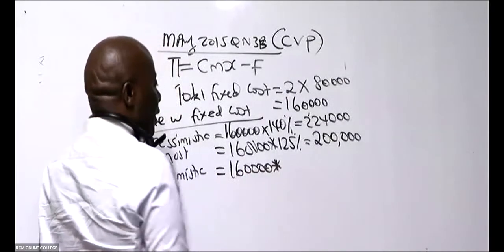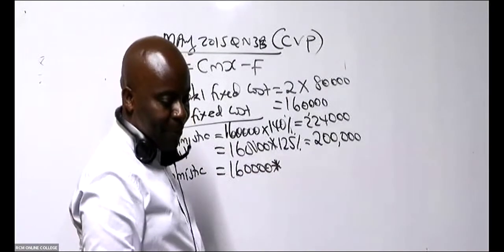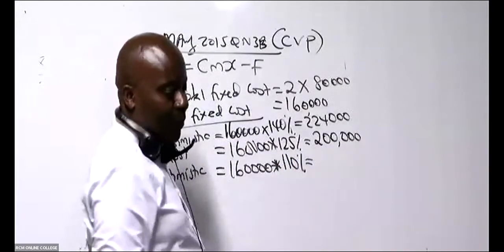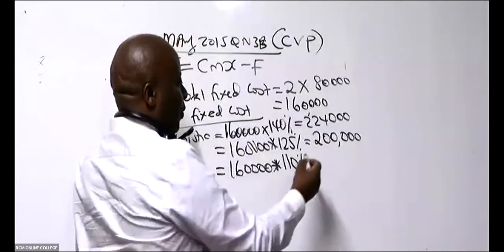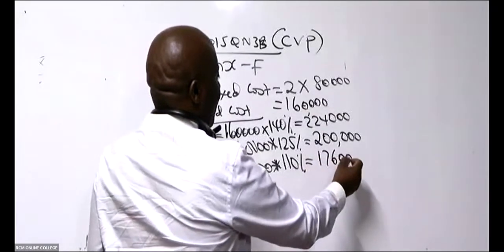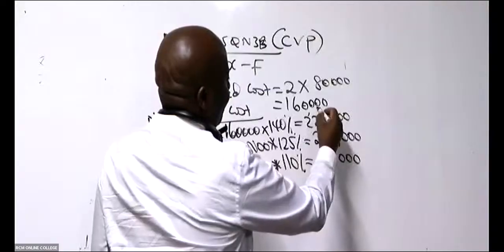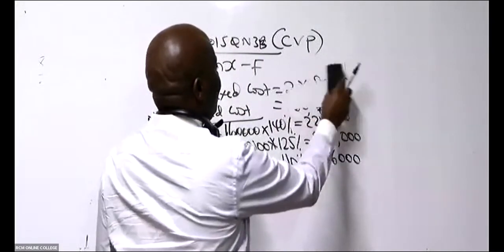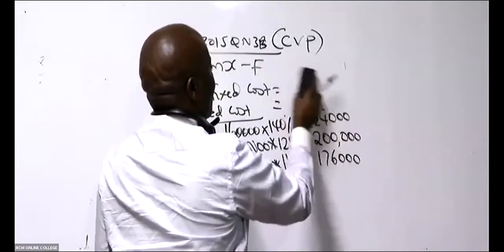So for optimistic, what is the percentage increase? 10. So multiply this by 110%. 176,000, like this. So these are fixed costs.